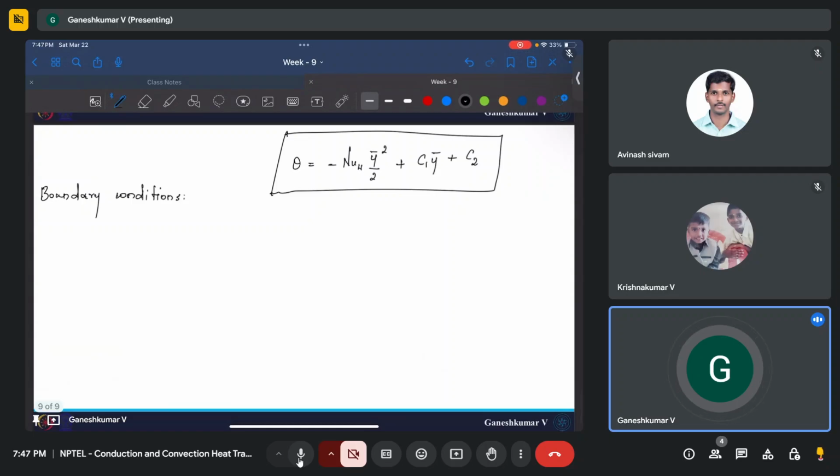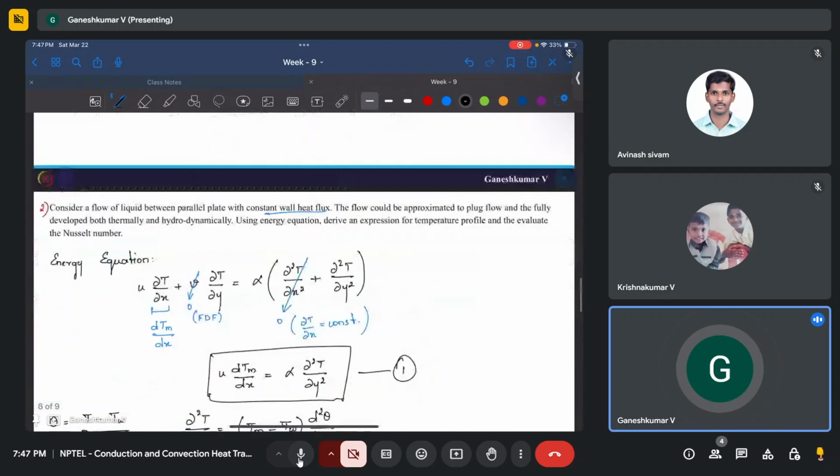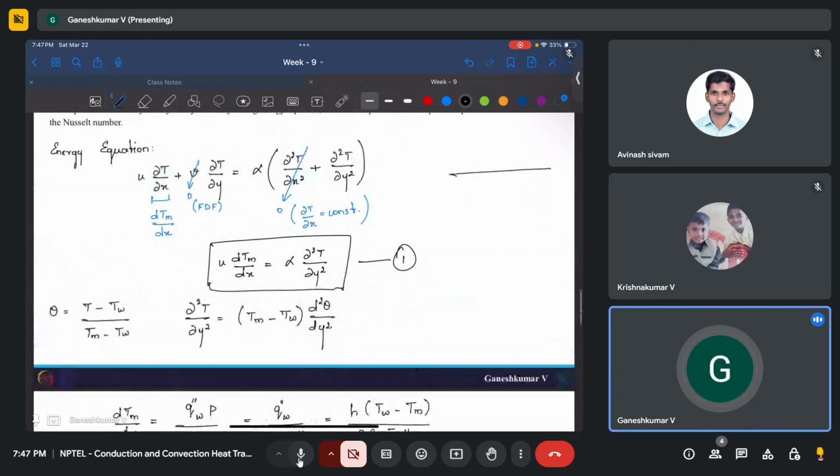So this is a parallel plate, right? Probably I didn't draw any. So you have this parallel plate. This is 2h, from minus h to plus h, with axes x and y. At this wall, this is T wall, right?